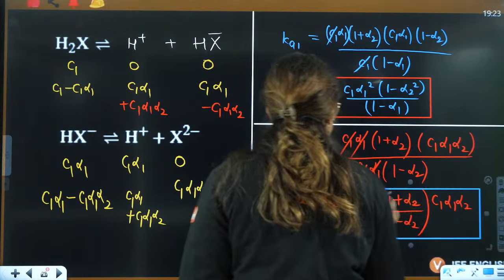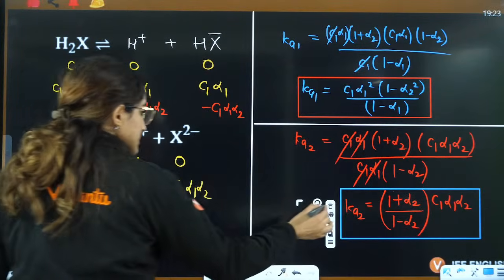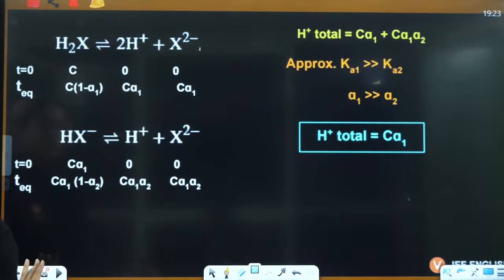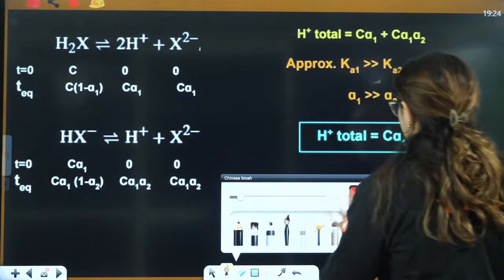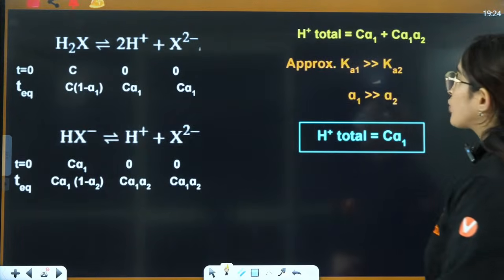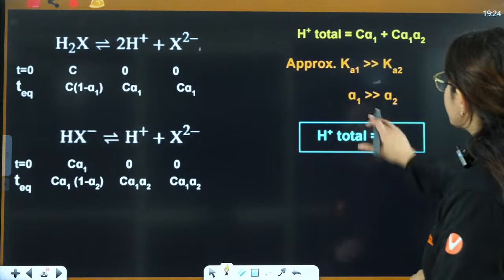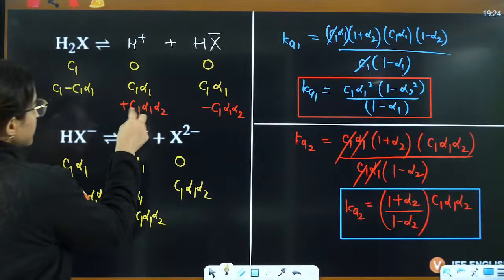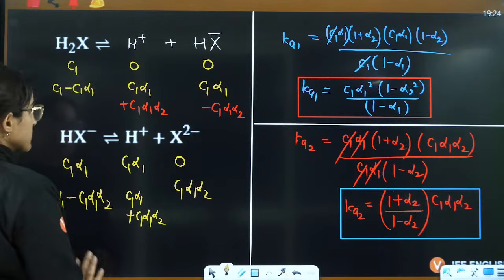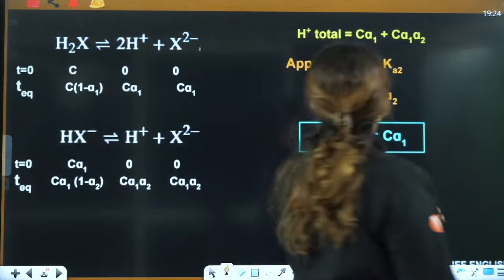So now let's move. This we have done. Now they are saying, what is the total H positive? C alpha 1 plus C1 alpha 1 alpha 2. We have calculated the same thing, right?